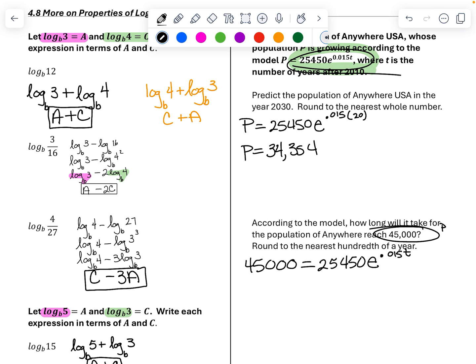Okay, and all we're doing is solving the exponential equation. So we are going to divide by 25,450 people.